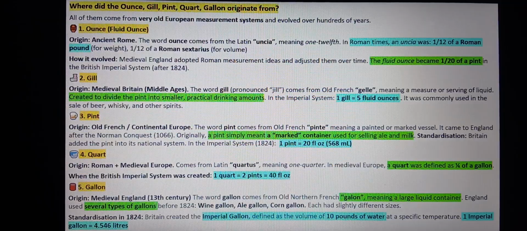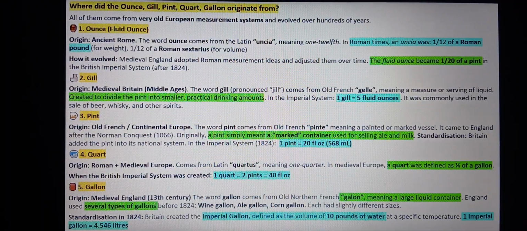In the Roman times, an uncia was 1/12 of a Roman pound for weight, 1/12 of a Roman sextarius for volume. How it evolved, medieval England adopted Roman measurement ideas and adjusted them over time. The fluid ounce became 1/20th of a pint in the British imperial system after 1824.